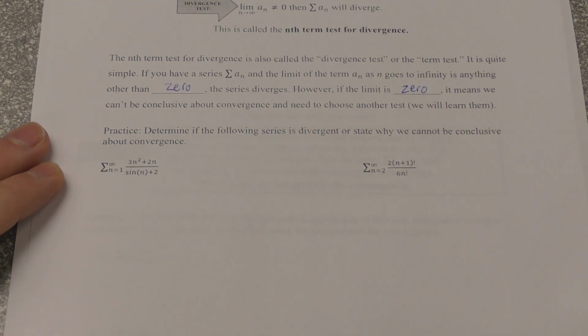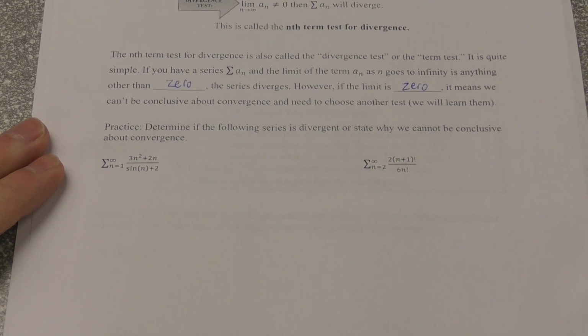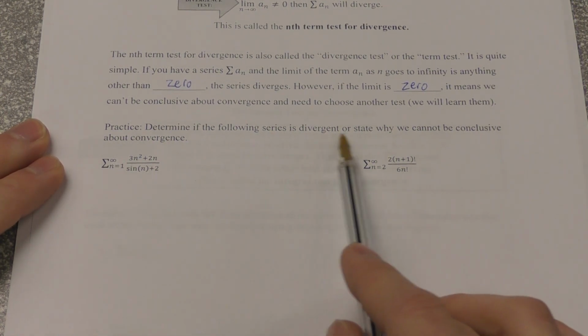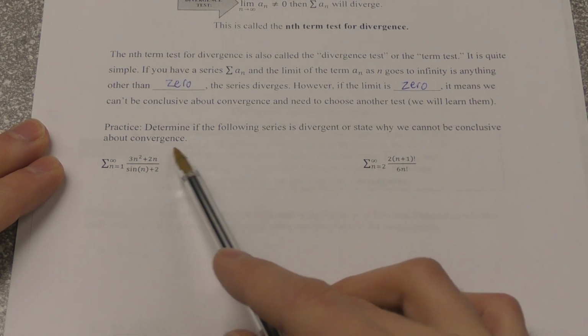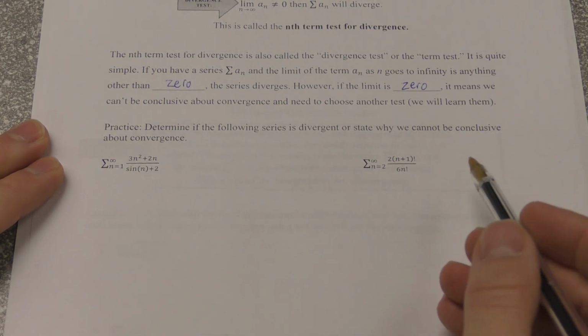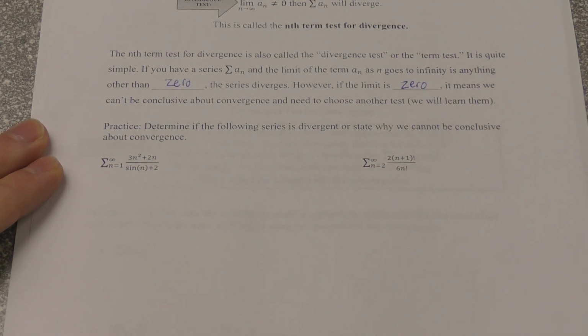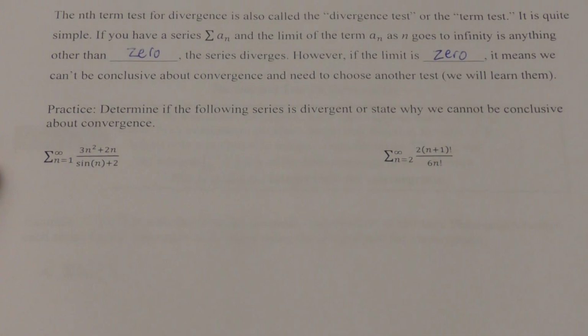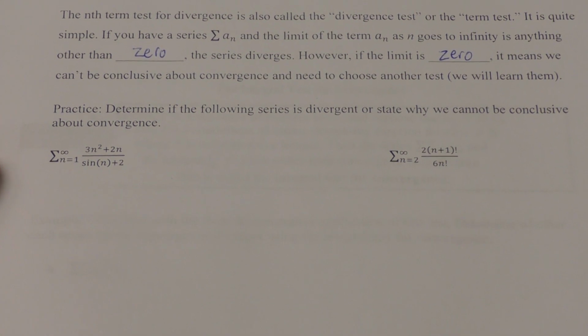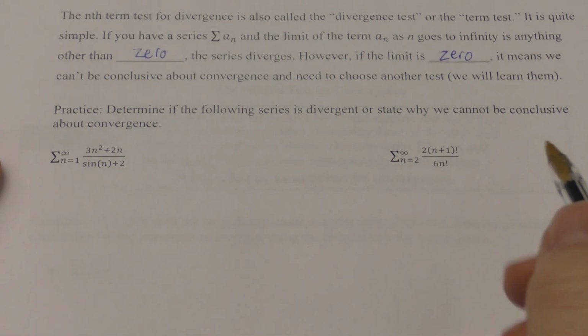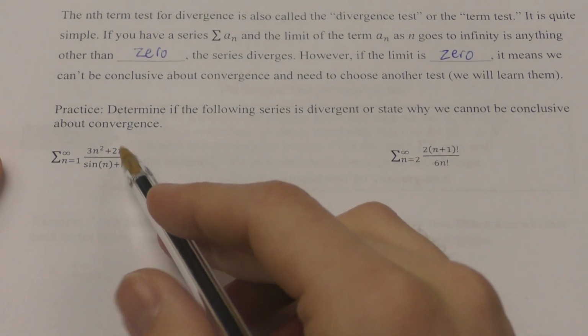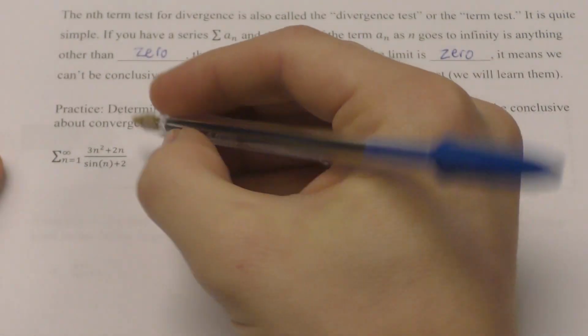All right, here we go. Determine if the following series is divergent, or state why we cannot be conclusive about convergence. All right, so I'm looking over here. Looks like if we zoom in a little bit, I'm looking at a series over here. This represents my a sub n term.